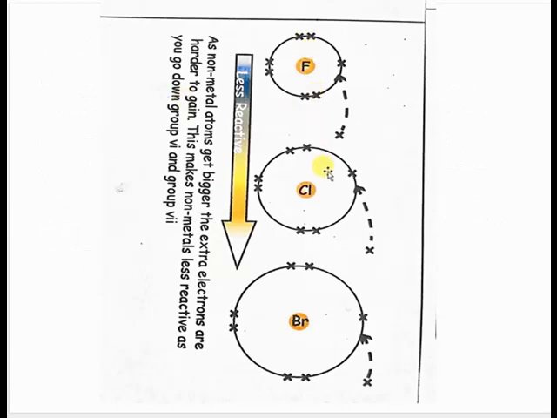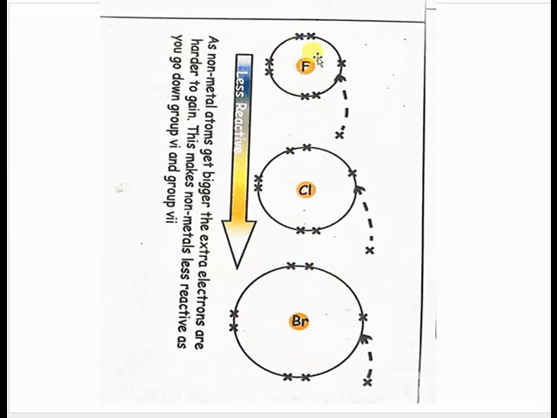So down the group, as the energy levels increase, the nuclear attraction becomes very little, and the ability of the atom to gain an electron becomes difficult. Therefore, this element is very unreactive when you compare it with this one.